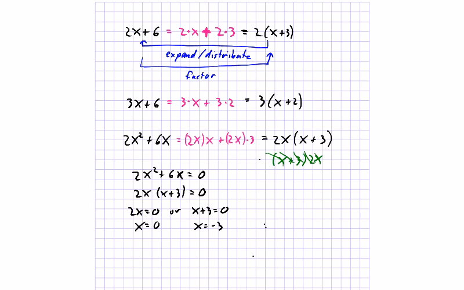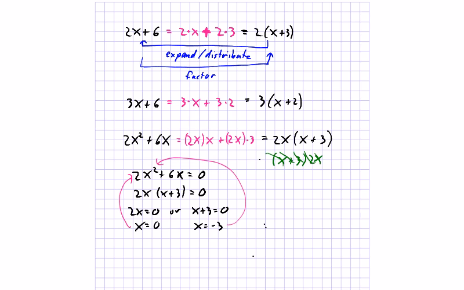So we can see that two values would make the original statement true. If we put 0 in here, 2 times 0 plus 6 times 0 would be 0. And if we put negative 3 in here, we'd end up with 2 times 9, which is 18, plus 6 times negative 3 gives us negative 18, and we would get 0 again.